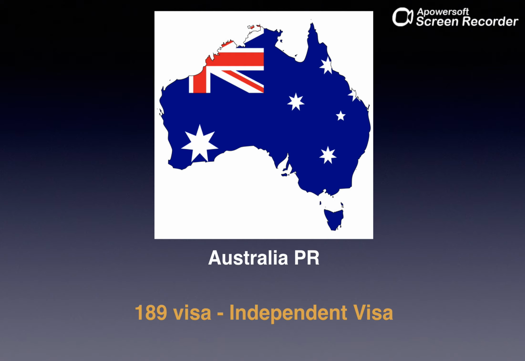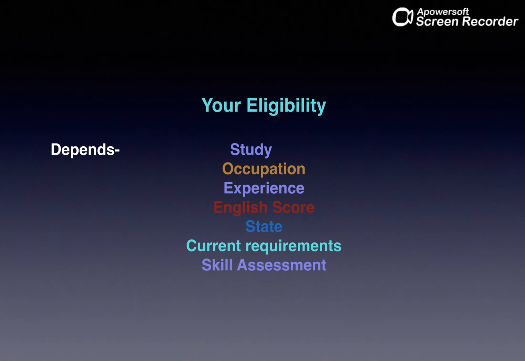And next thing is your eligibility. I have written a few points here to make sure that if you are thinking to migrate to Australia, you first think about these things. Your eligibility depends on your study and on your occupation. If you have done a study or have an occupation that Australia or a particular state needs, you can apply there.